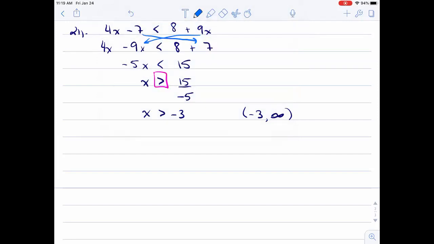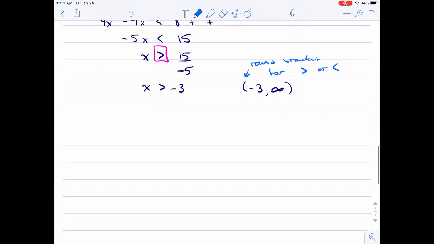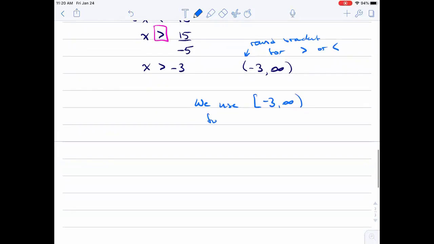So here, round bracket for greater than or less than, and square brackets, we use square brackets for negative 3 to infinity, for example, for x greater than or equal to negative 3.